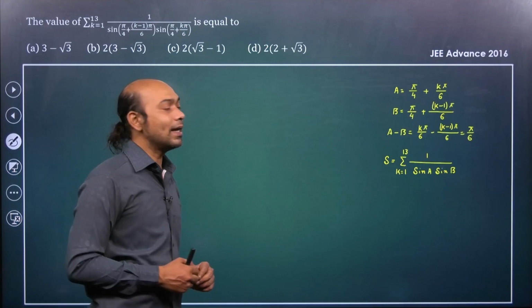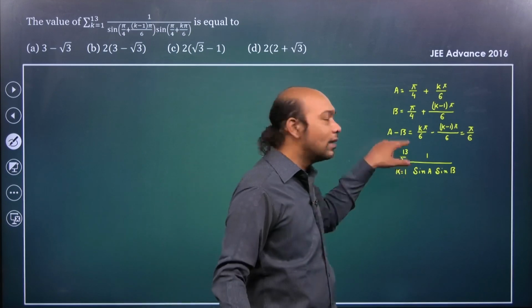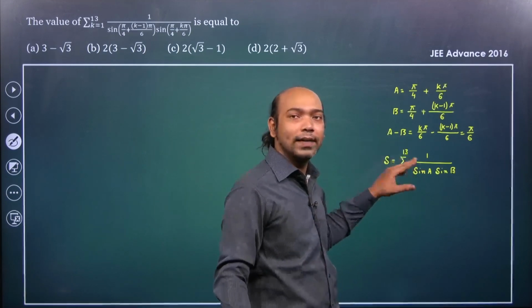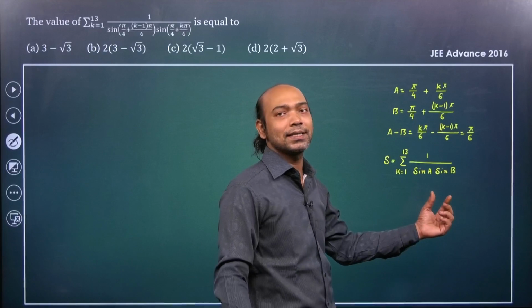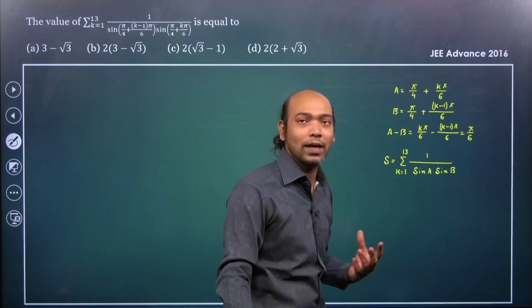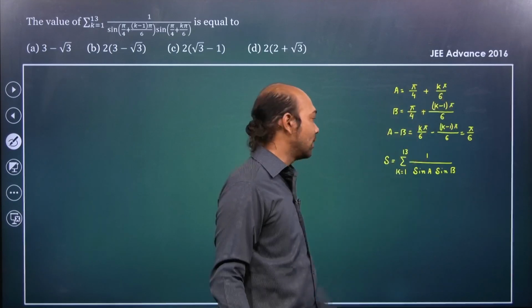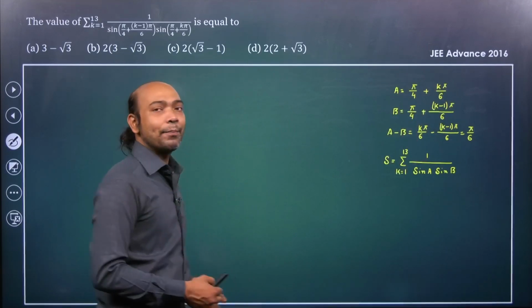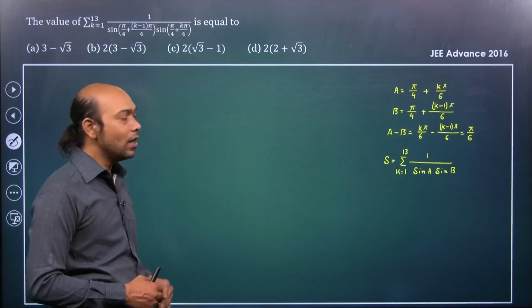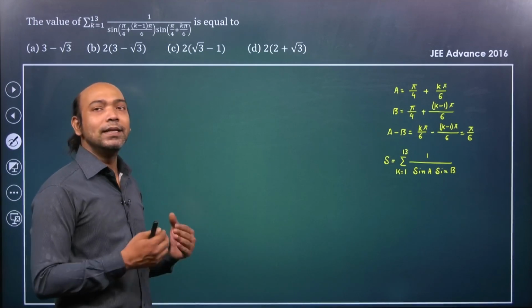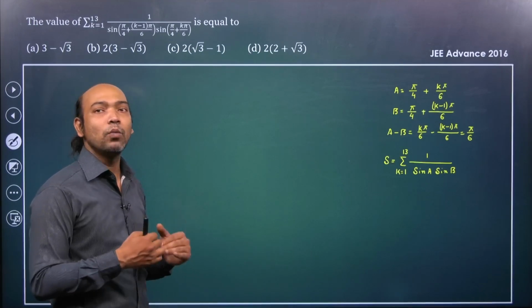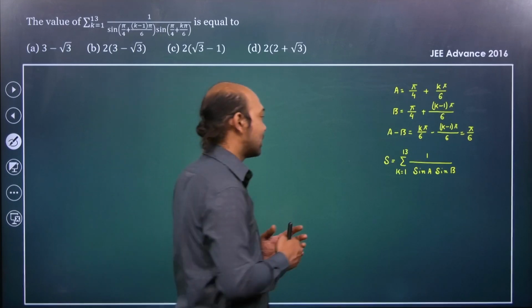Here the limit is from k equal to 1 to 13, and in this term k is not present, like we are not able to visualize that. But actually k is inbuilt through A and B. Now we'll apply some important technique. We'll multiply the denominator and numerator by 1 by 2.